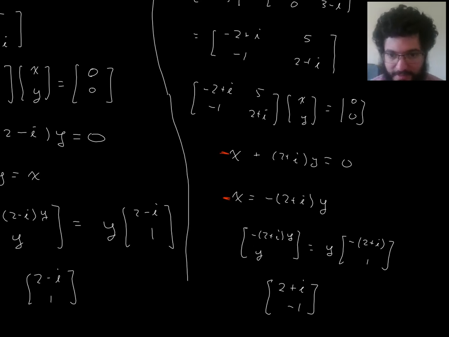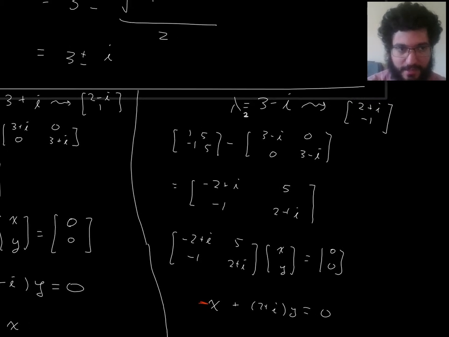Let me clear out that minus sign and just put a plus sign here. Okay, sorry about that. So (2 plus i, 1) is what I ended up with. So no minus sign here.